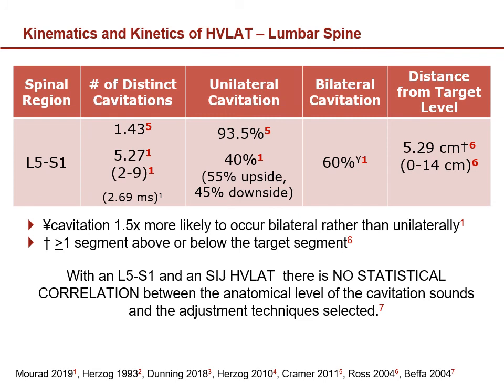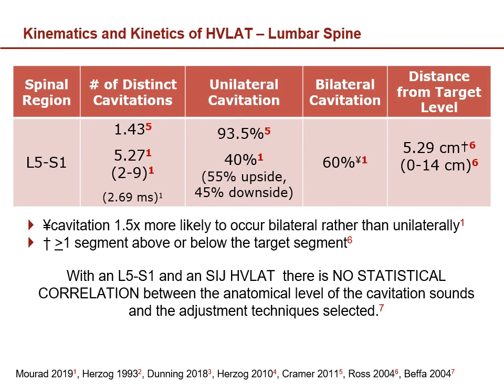And this is likely secondary to the different techniques that were applied, the different therapists applying the thrust, and the different patients receiving the thrust. With the study that denoted 40%, you can see that there's a relatively even split as far as which side cavitated, be it the upside or the downside. And then bilateral cavitation is expected to occur in 60% of your thrusts, or more than half.